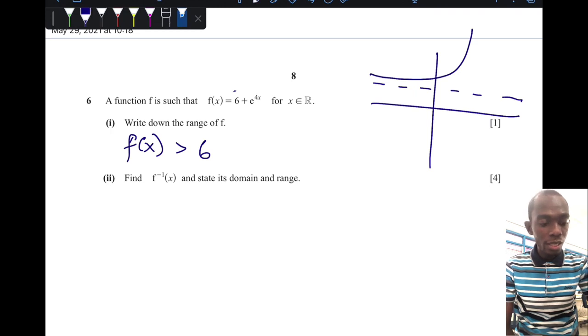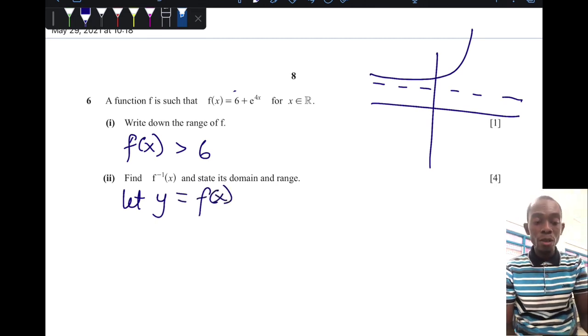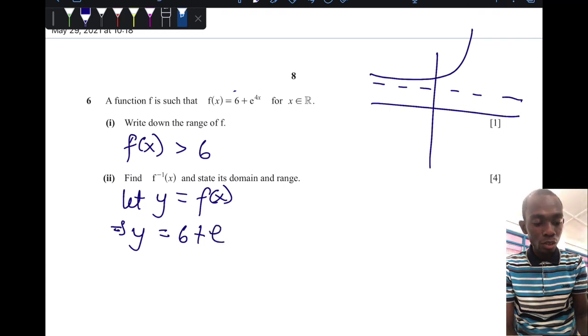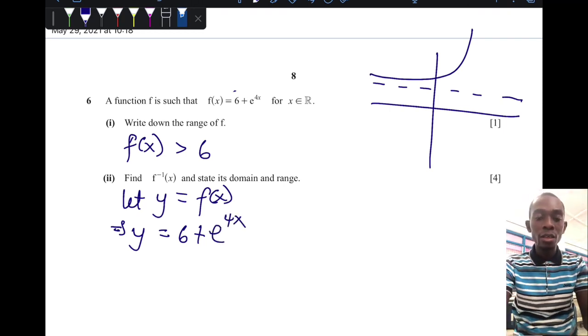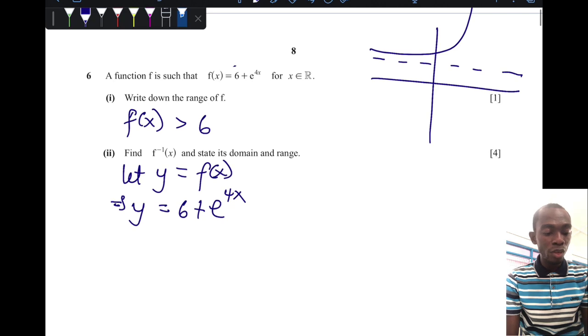Then the next thing says find the inverse of it. So you let y be equal to f of x. So y is equal to 6 plus e to the power 4x. From here, the next thing you want to do is to interchange the positions of x and y.